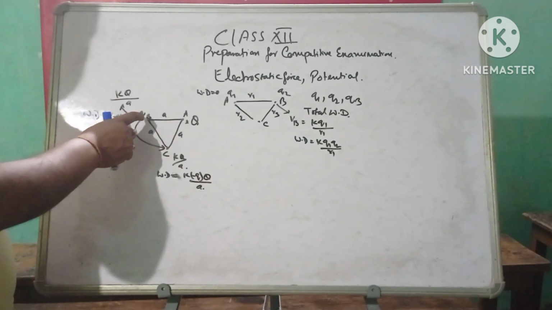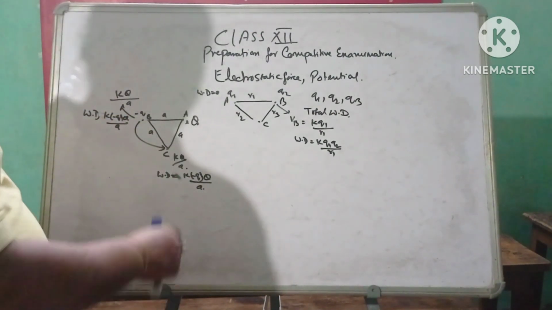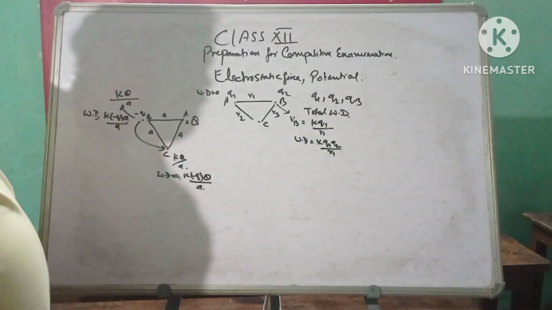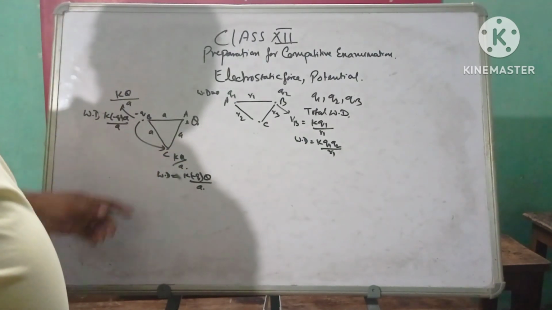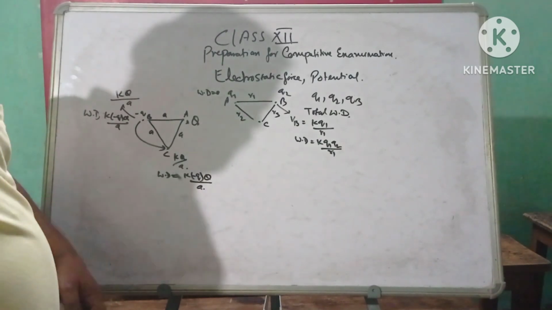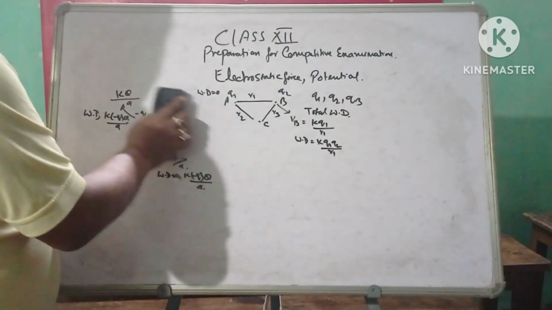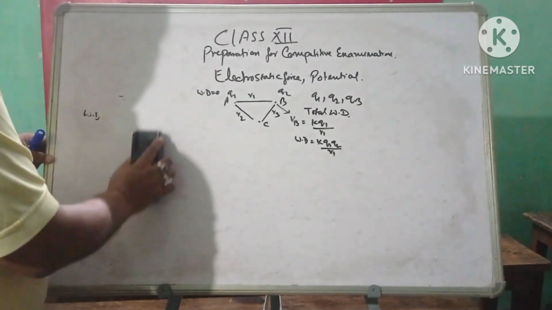From where we have brought it does not matter. Only the potential at C matters. So again the same work is being done. Such basic questions arise from this simple theory.